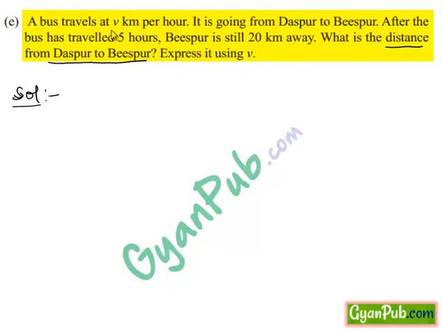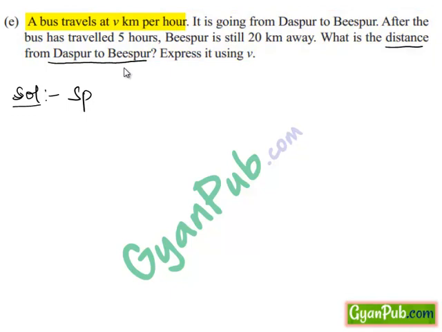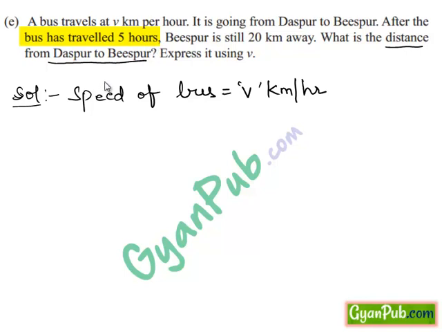In the question they had given that the bus travels at v km/h. So the speed of the bus is v km/h, and they had also given that the bus has travelled 5 hours.